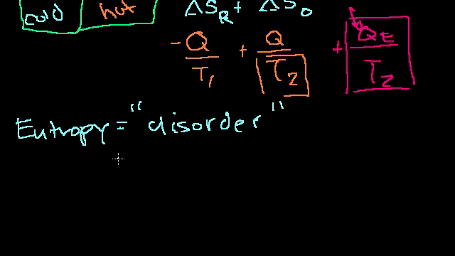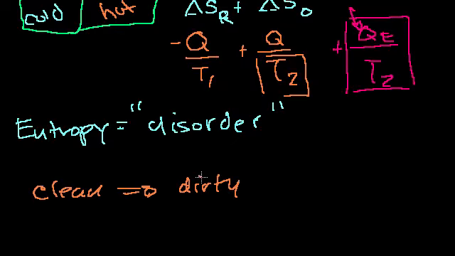Because the very next example that's often given is that, look, let's say your bedroom is clean, and then it becomes dirty. And they'll say, look, the universe became more disordered. The dirty room has more disorder than the clean room. And this is not a case of entropy increase. So this is not a good example.